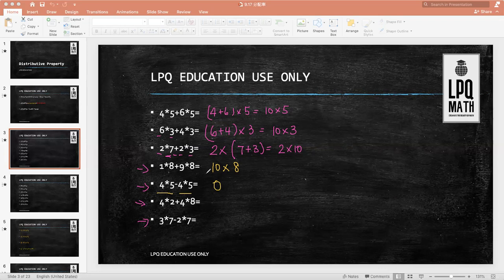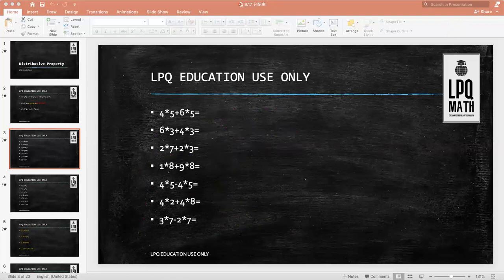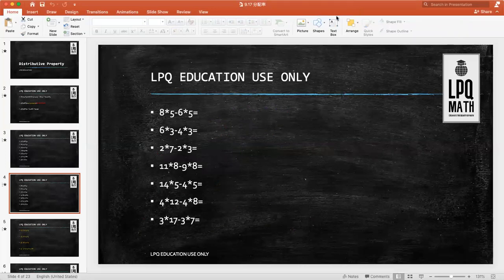This is 2 plus 8 in brackets times 4, which equals 40. 3 minus 2 in brackets times 7, which equals 7. 3 minus 2 equals 1, so 1 times 7 equals 7. You said 2 sevens. No, I said 1 seven. Okay, I hope I said 1 seven. This is unfair.